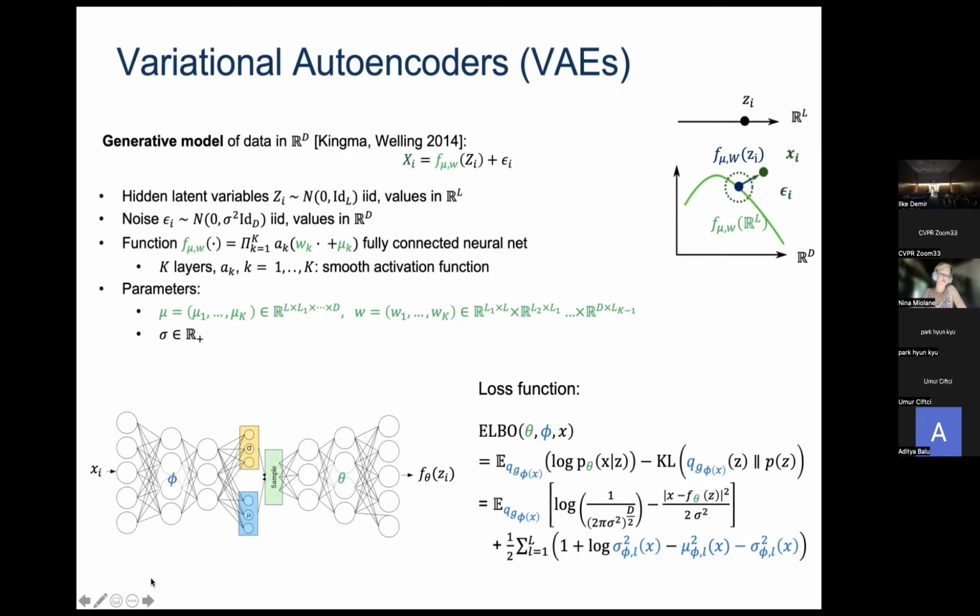And on the left, we add an encoder that is able to perform the operation of going from xi to an amortized approximate representation of the posterior of the ci. Anyway, this is all trained with the loss function that is called the ELBO. It stands for evidence lower bound. It's a lower bound of the log likelihood.